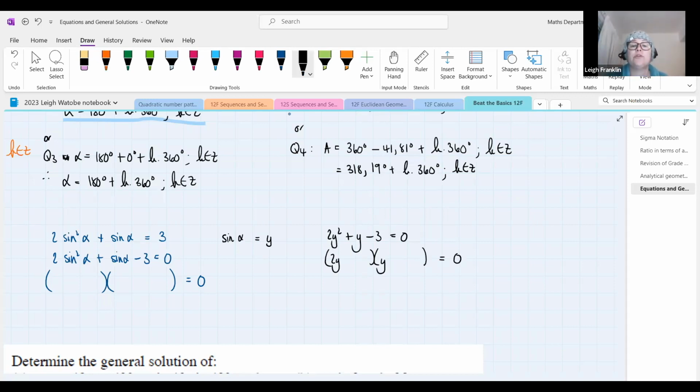Where do we put, what am I going to put with the 2y and what am I going to put with the y? Okay, so Lorraine, 2 sine theta, and then sine theta. Mamelo says 2y plus 3.